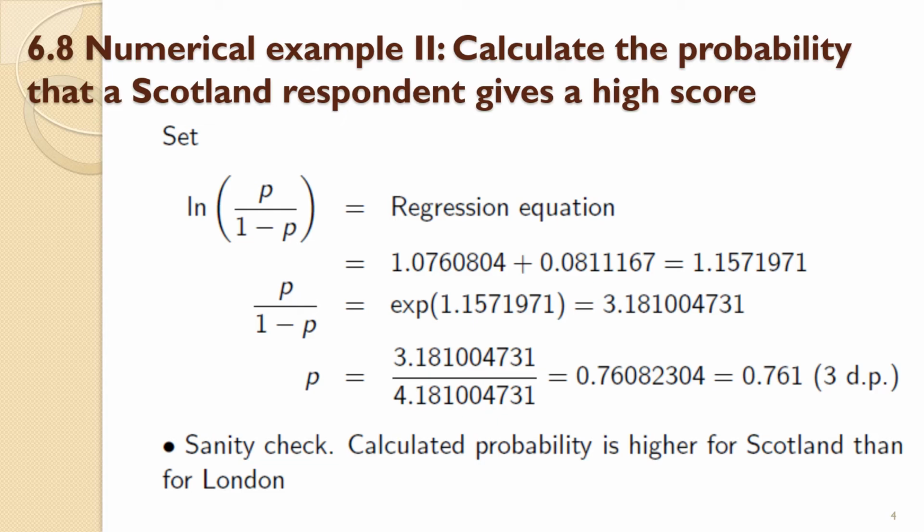But I think the other thing to watch for here is not just that the answer is lower for London, but that these two numbers are of a comparable order of magnitude. So both those two things then, simple observations, but they give you an indication that you're on the right lines and you haven't made an obvious mistake.